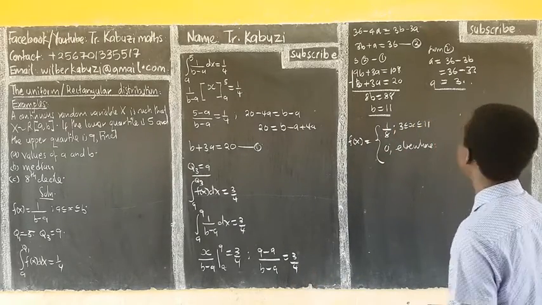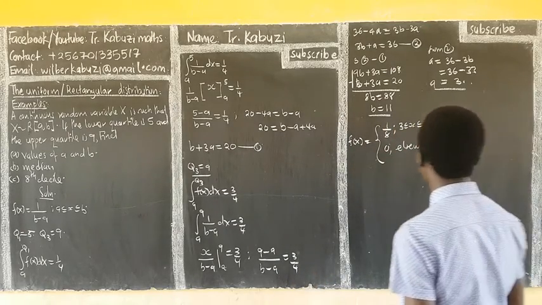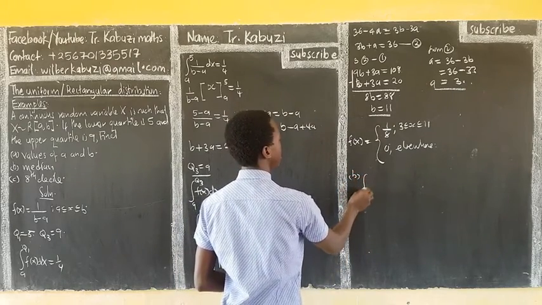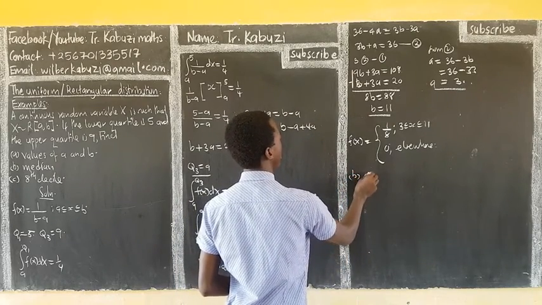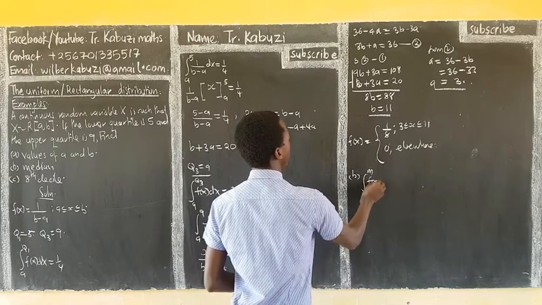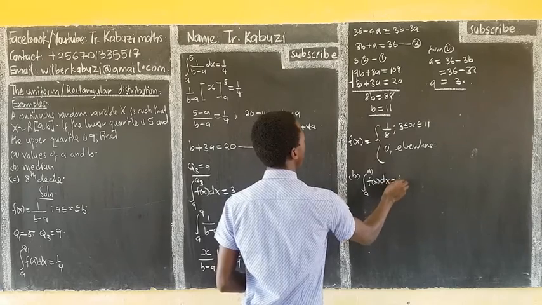Then they want us to get the median. So how do we get the median? For part b, the median is the value of x such that the integral from a to m of f of x dx should be a half.